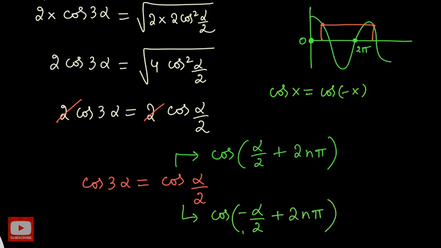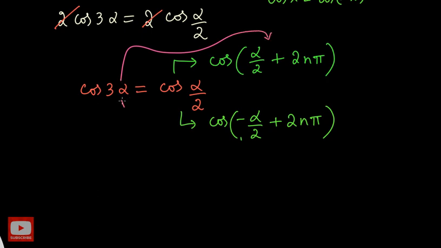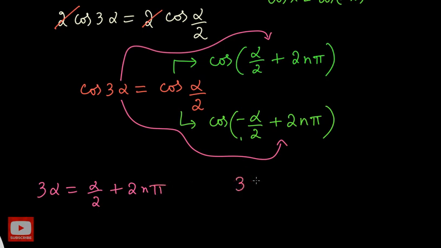So we have two solutions for alpha. We can get them by equating both sides. So 3 alpha can be equated to this, and 3 alpha can also be equated to this. So we can have two types of solutions. That is, one is 3 alpha is equal to alpha by 2 plus 2n pi, or 3 alpha is equal to minus alpha by 2 plus 2n pi.